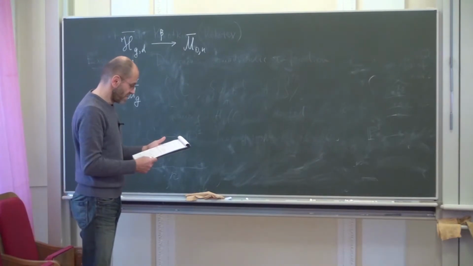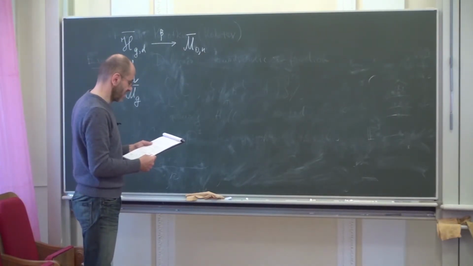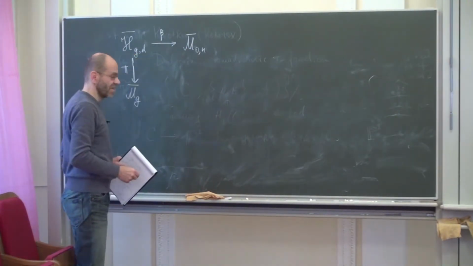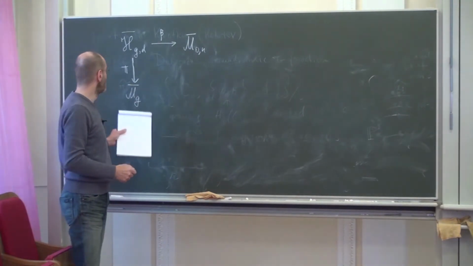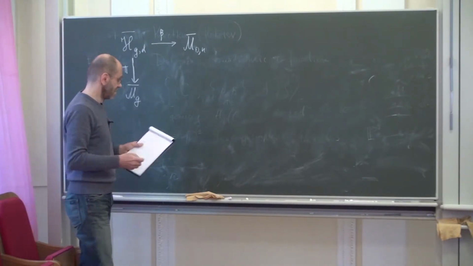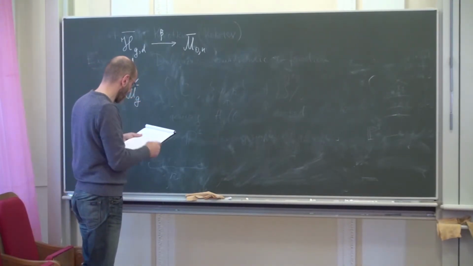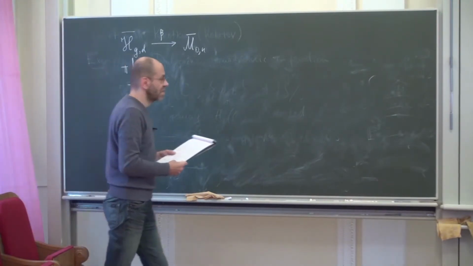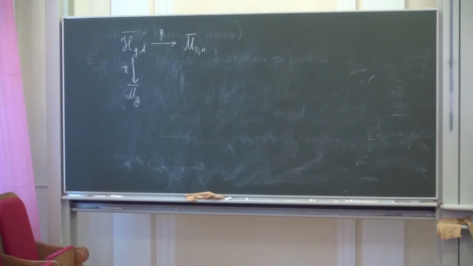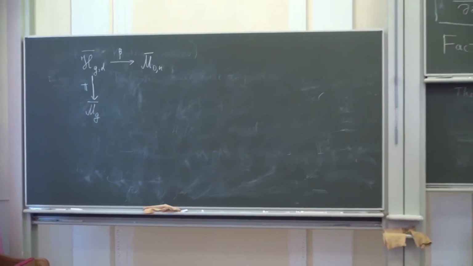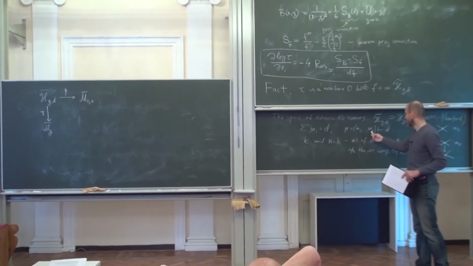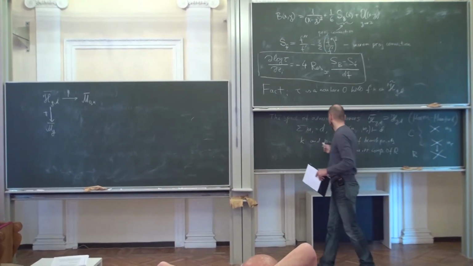So let me describe the compactification divisor first, and then I'll tell how this space looks near these divisors. So the compactification divisors are parameterized by actually two sets of data. First by this partition, and second by this number k.